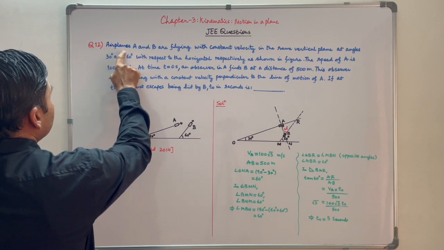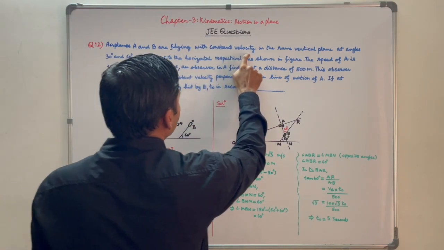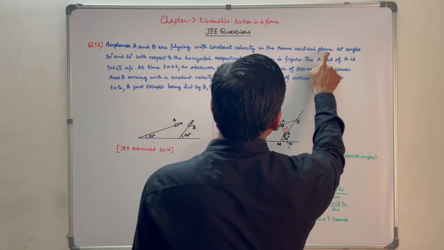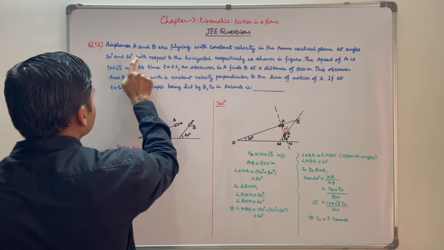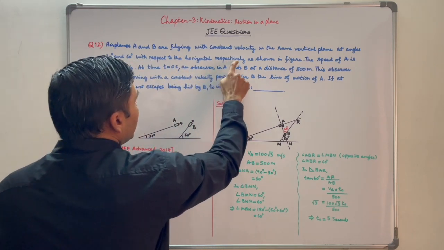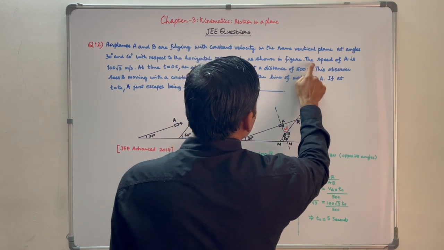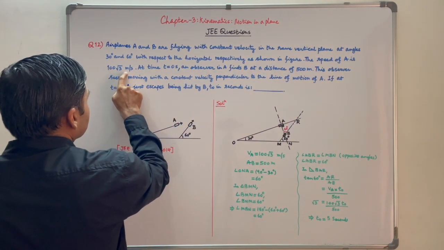Last question. Airplanes A and B are flying with constant velocity in the same vertical plane at angles 30 degree and 60 degree with respect to the horizontal respectively, as shown in the figure. The speed of A is 100 root 3 meter per second.